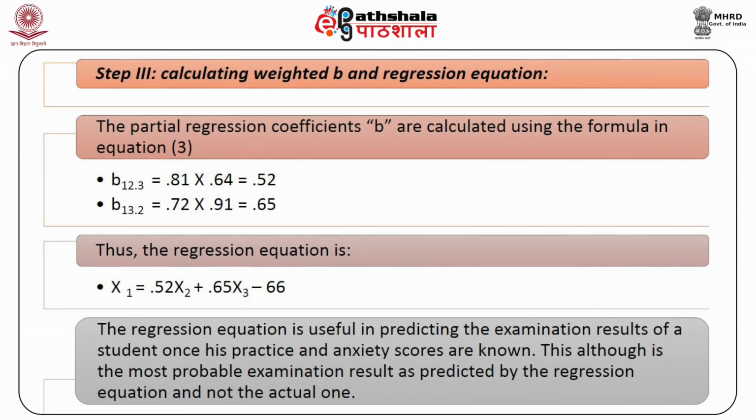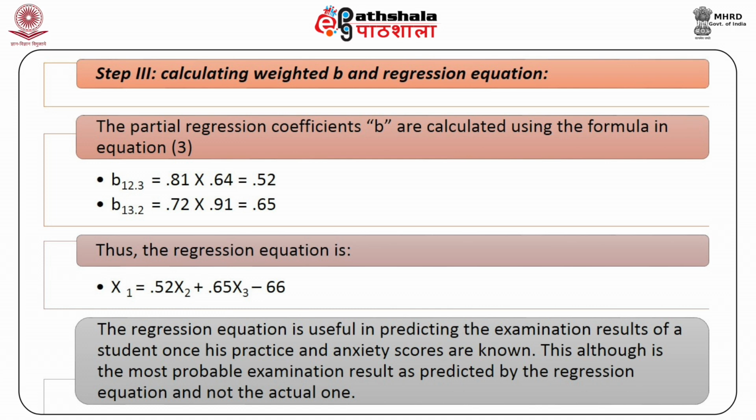Calculating the weighted B and regression equation: the partial regression coefficients B are calculated using the formula in equation 3, and B12.3 turns out to be 0.52 and B13.2 turns out to be 0.65. Thus, the regression equation is x predicted is equal to 0.52 x2 plus 0.65 x3 minus 66.